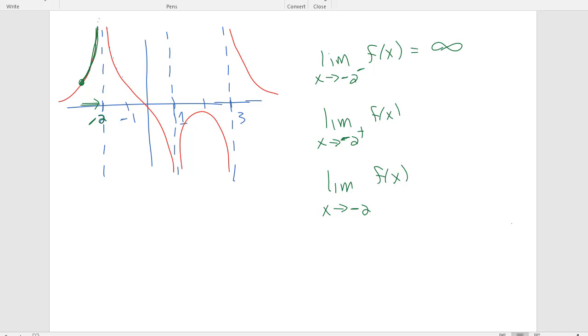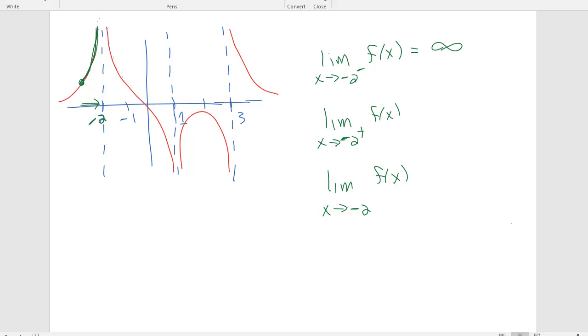I want to stop for a second here and talk about our notation. Technically, nothing can ever equal infinity. So the fact that we're saying this limit equals infinity is a little misleading. Now keep in mind what this limit is really saying notationally: I never get to x equals -2, I let x approach -2. It gets infinitely close to -2.